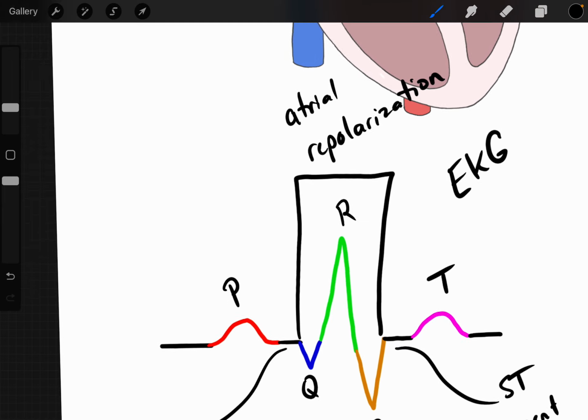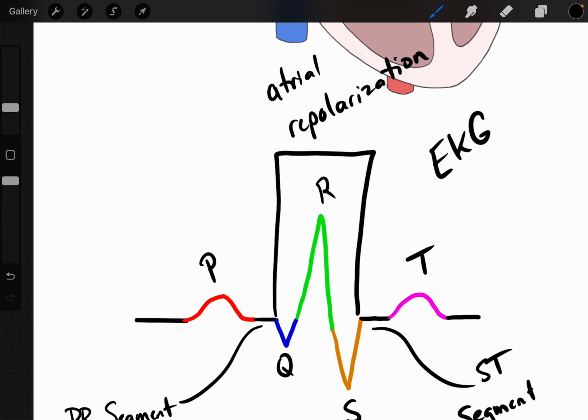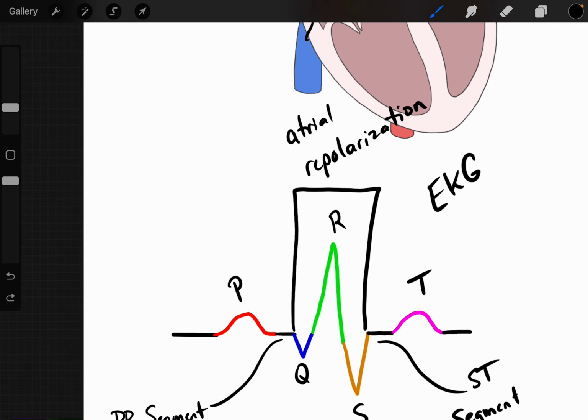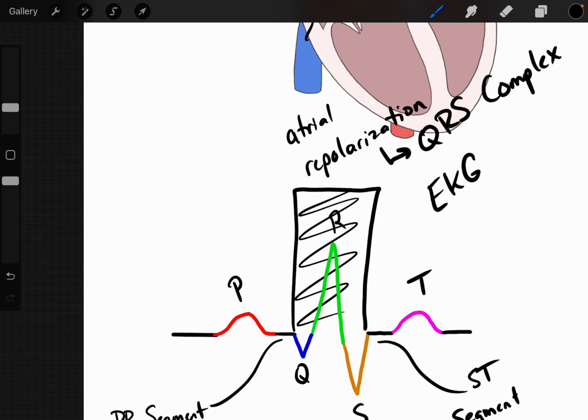Because depolarization within the ventricles is so strong, you will not see this represented on the EKG. So you will not see atrial repolarization on the EKG. Just know that it's happening, okay, within what we're going to call the QRS complex, which is what I've shown in this area that is shaded.